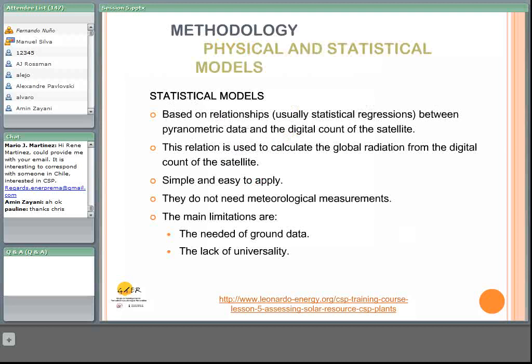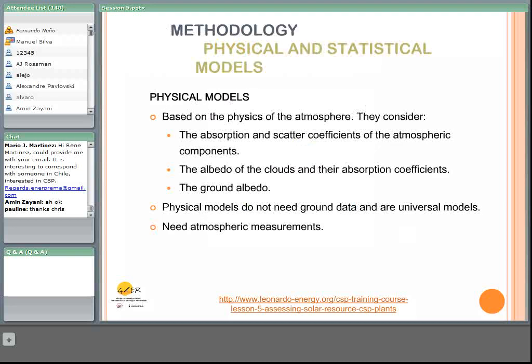So it's important to adjust them properly. The physical models are based on the physics of the atmosphere, and in principle they don't need ground data for adjustment, but they need as input measurements of different atmospheric components.